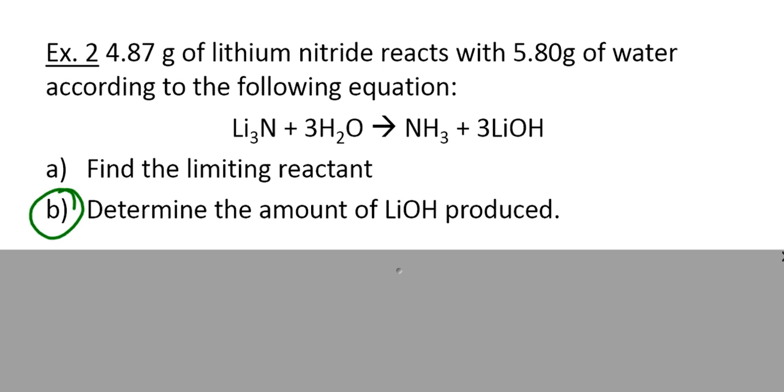So pause the video here and see if you can first solve the limiting reactant and then do part B, figure out how much of that lithium hydroxide is produced. So pause it, try it, pause it along the way if you need some help getting started, but I'll walk through this full answer with you next, and then we'll do part C together.